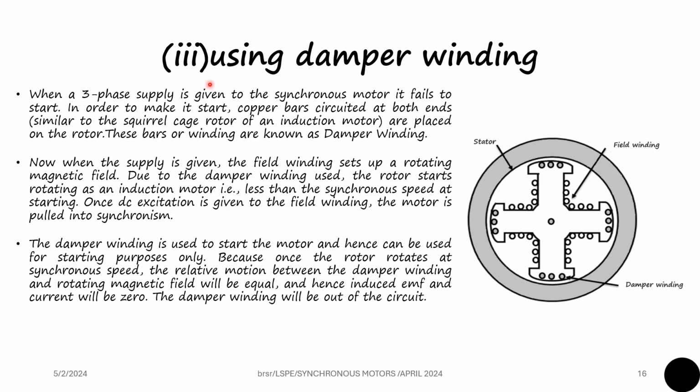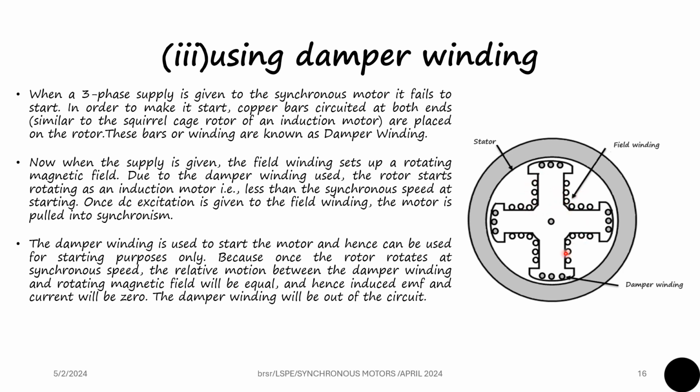Another method of starting the synchronous motors is using damper winding. The damper winding is copper bars short-circuited at both the ends, similar to the squirrel cage rotor of an induction motor. When the supply is given, after the rotating magnetic field is set up by the stator, the presence of the damper winding makes it start as an induction motor.